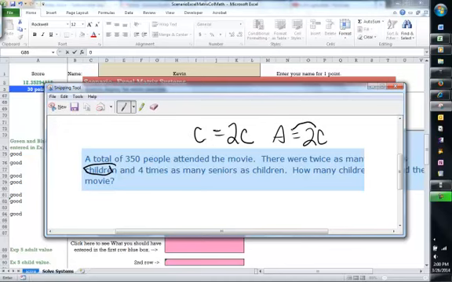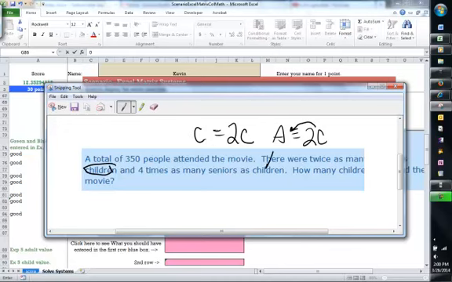So if we get the 2 on the other side, it's A minus 2C is 0. And same thing for the last one: 4 times as many seniors as children. So we have seniors is 4 times the number of children. Put that on the other side, and we have -4. So A minus 2C is the second equation, and the third equation is -4 children plus 1 senior.